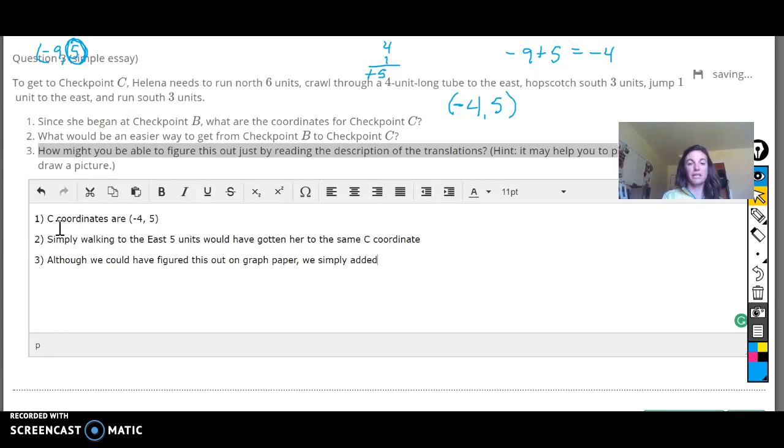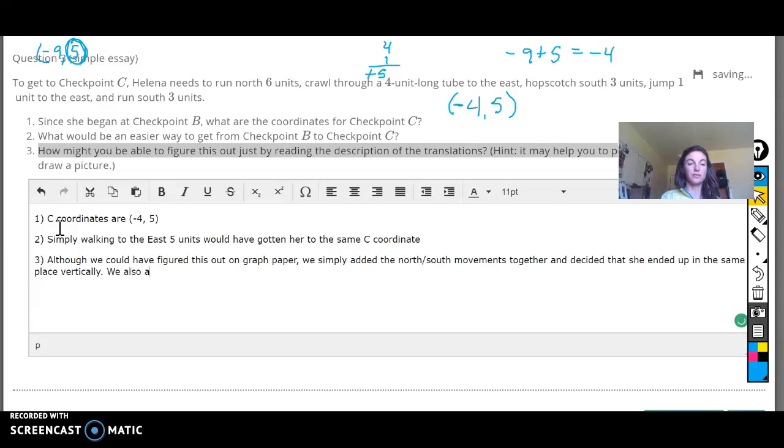We simply added the north-south movements together and decided that she ended up in the same place vertically.